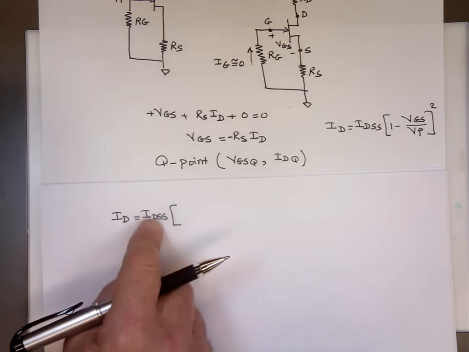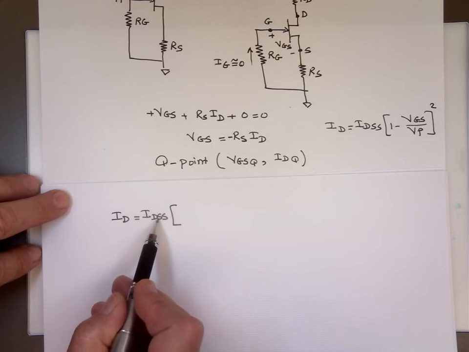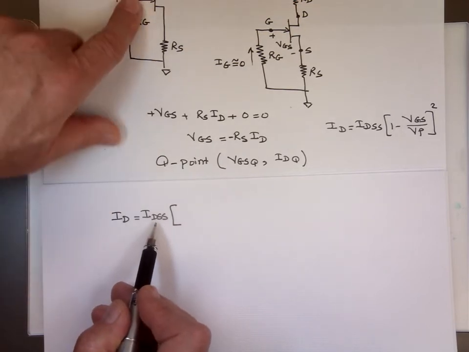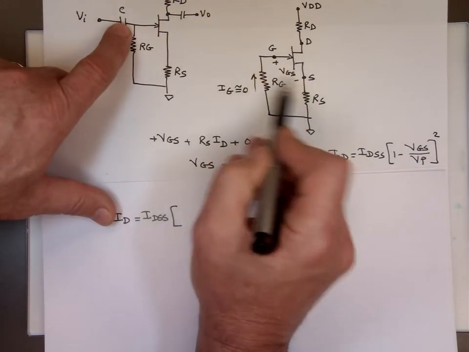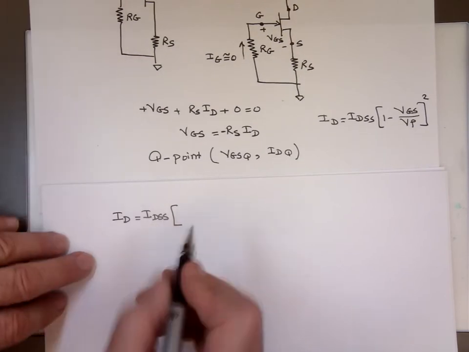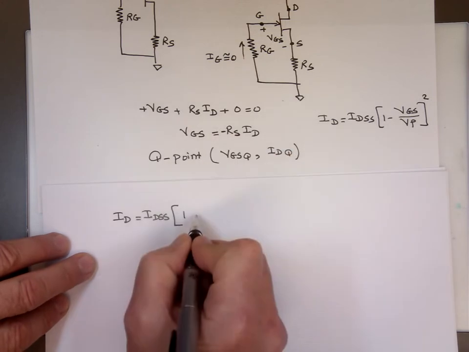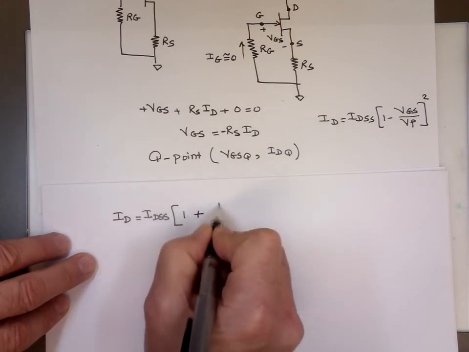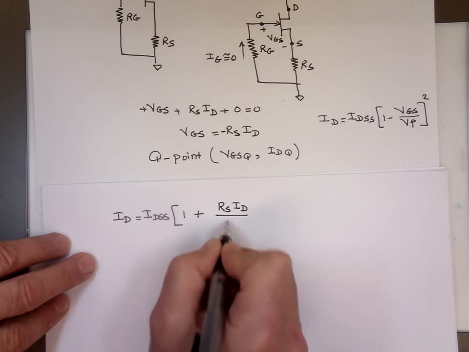It's the current between the drain and the source when this end is short-circuited. That means this value is attached right there, short-circuited. That's the maximum current you're going to have, is equal to 1, and since that's a negative, minus a minus will make it a plus R sub S, I sub D over VP, and you got to square that.